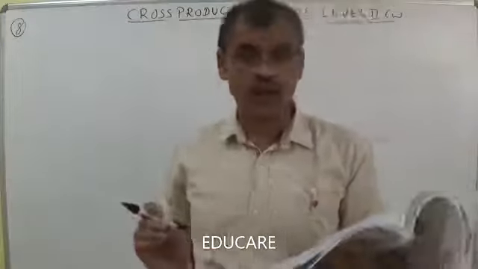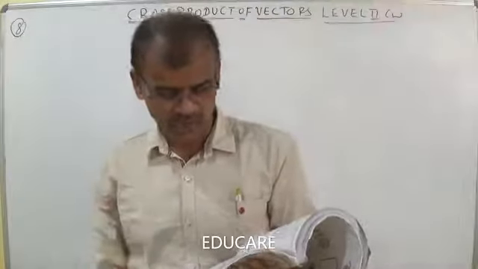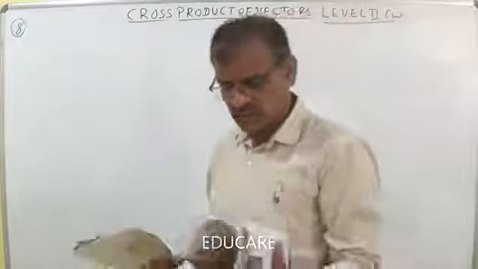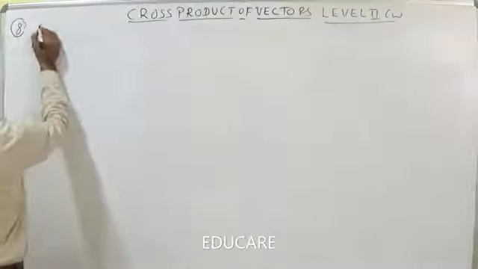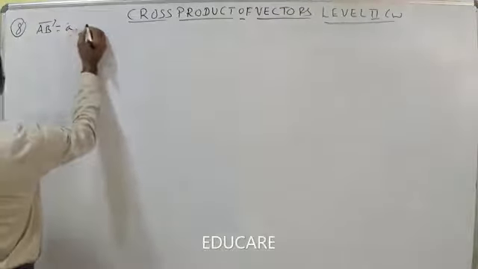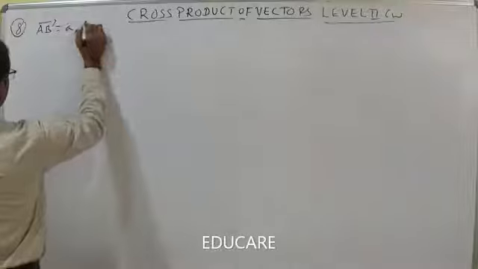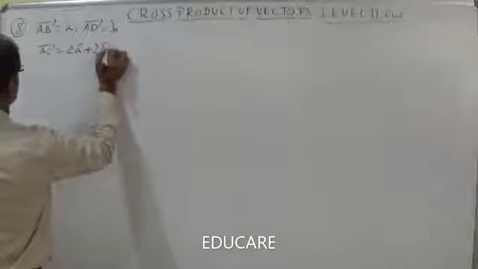Three sides he gave. First let us write the data. AB is equal to a bar. Next, AD is equal to b bar. Next, AC is equal to 2a bar plus 3b bar.